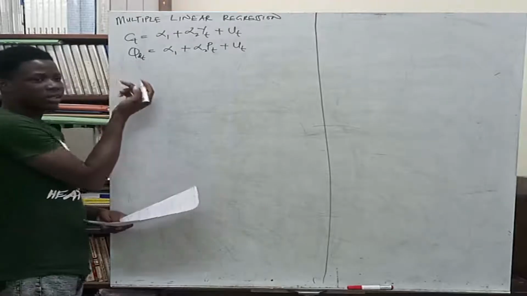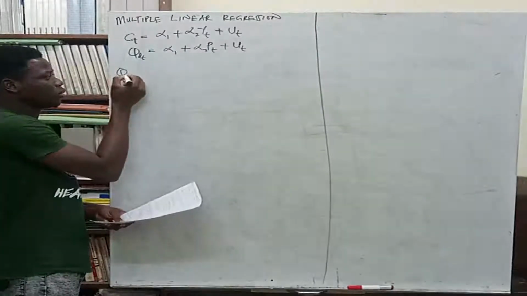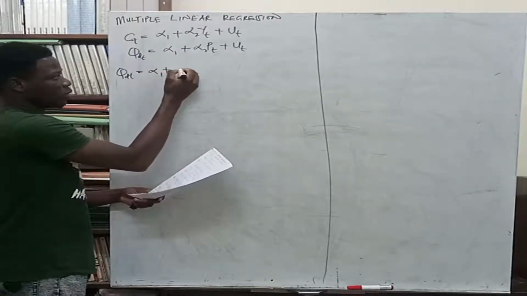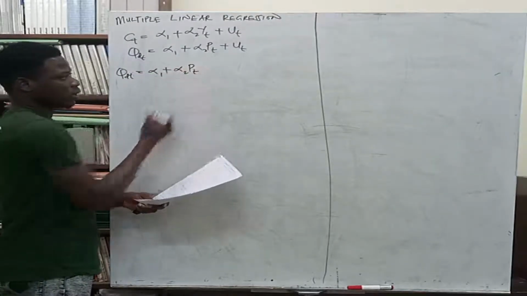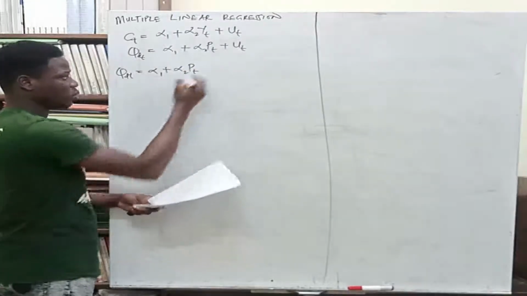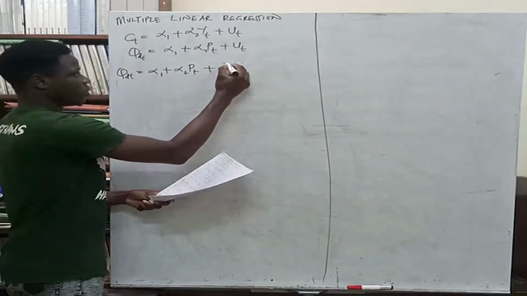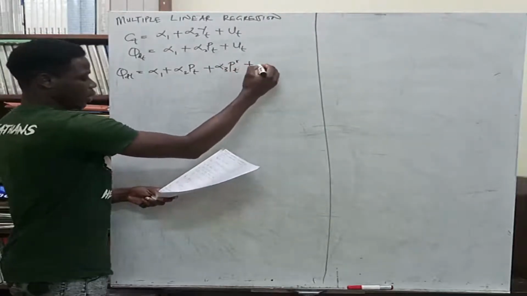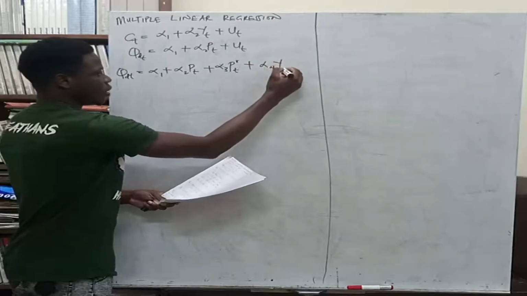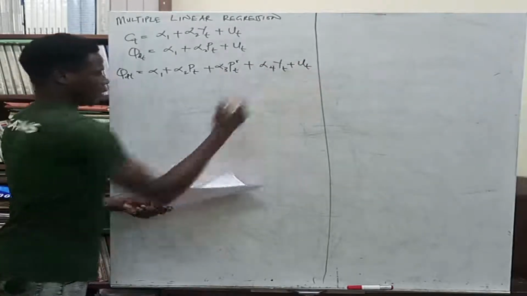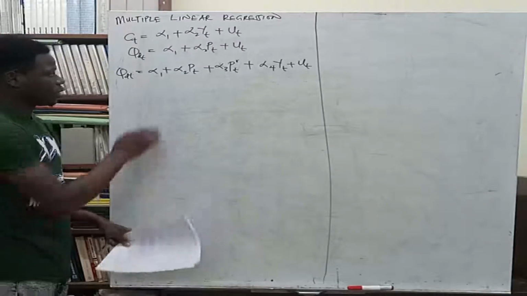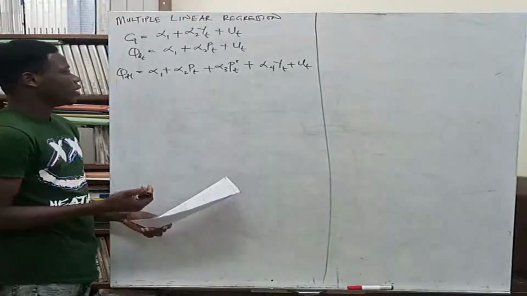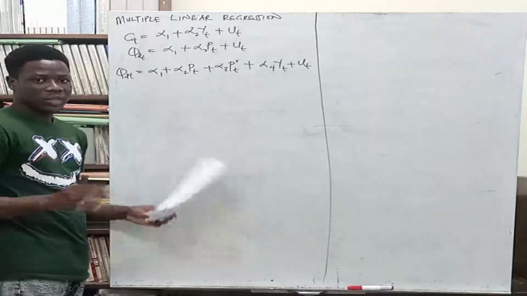Taking the quantity demanded model, for example, it is determined by the price of the commodity, the price of related commodities, then the income of the consumer. This is the case of a multiple linear regression model, and it will help us explain the demand model better.